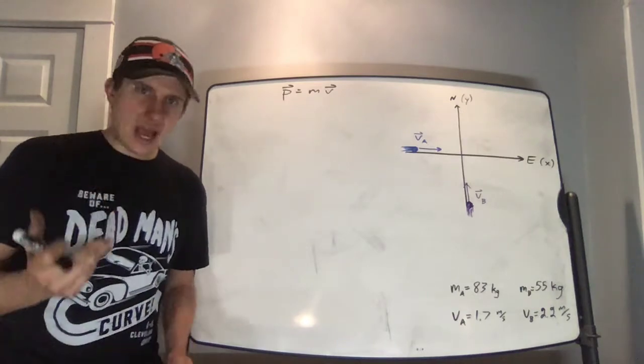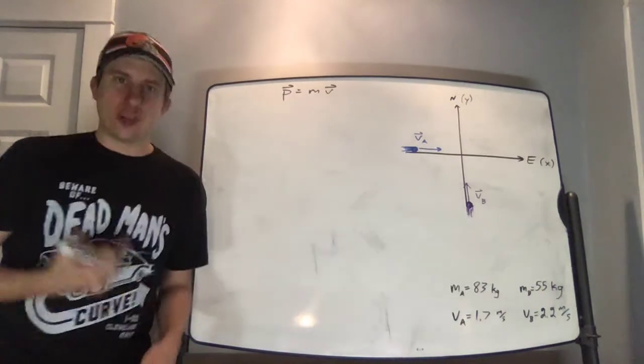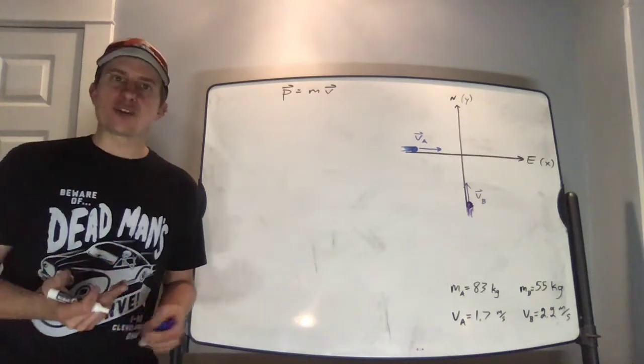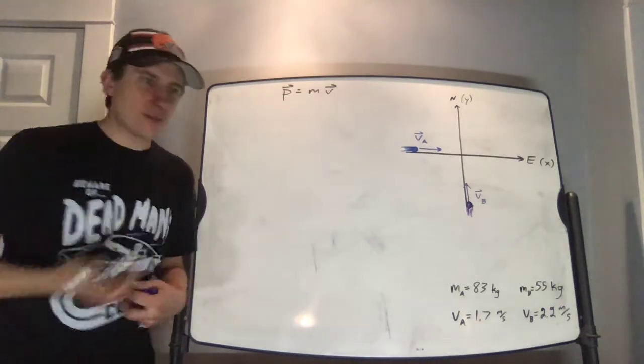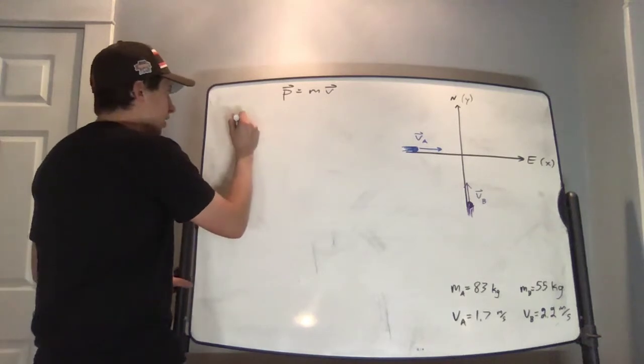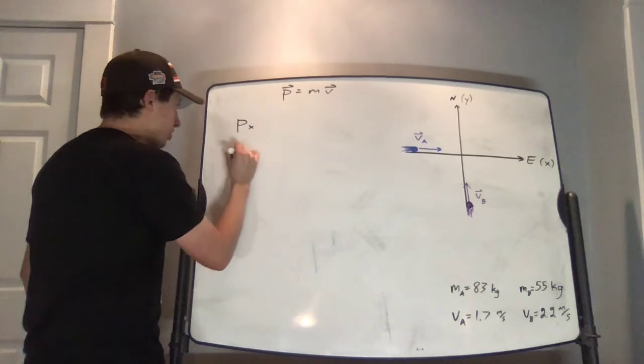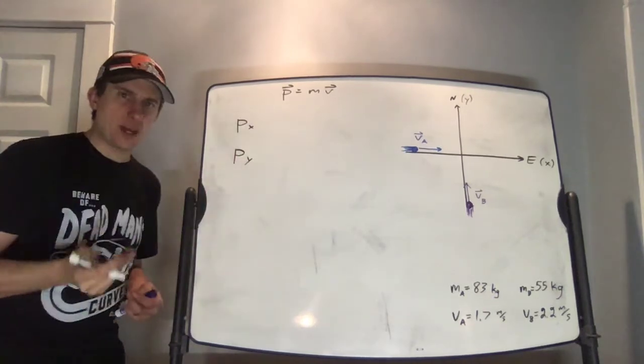When I write momentum as a vector like this for a 2D momentum problem, momentum is a vector with components. So that means I have a notion of the x component of a momentum vector, and the y component of a momentum vector.